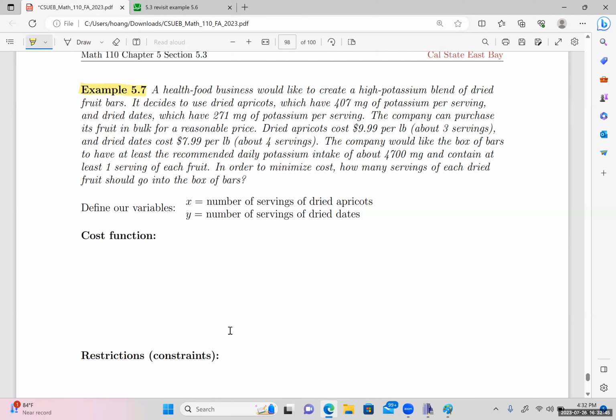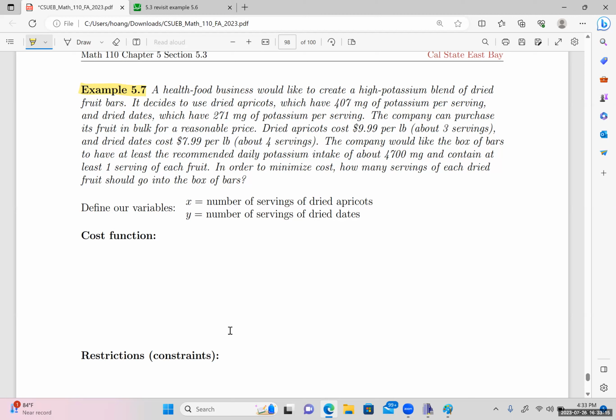A health food business would like to create a high potassium blend of dry fruit bars. It decided to use dried apricots, which have 407 milligrams of potassium per serving, and dry dates, which have 271 milligrams of potassium per serving.